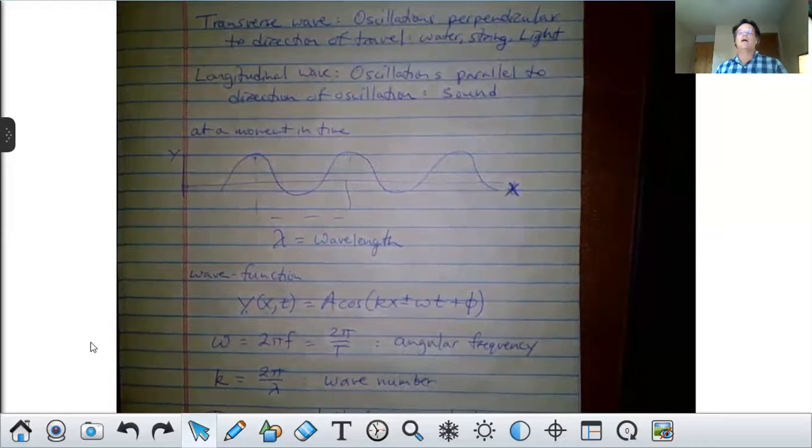So I've got two types of motion: the boat oscillating up and down on the wave, or if I think of a wave on a string, a particle in the string that's moving up and down. And then I've got the wave motion of the waves moving toward the beach. You can think of a surfer on top of the wave, riding one of those wave crests toward the beach at the wave speed.